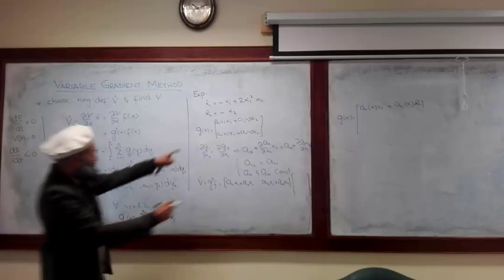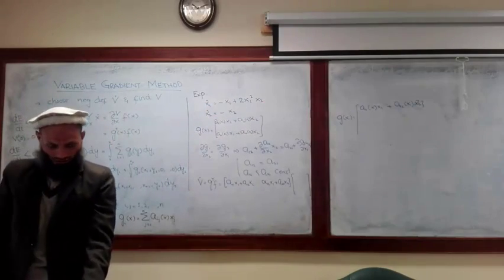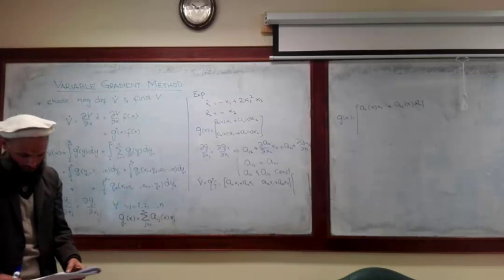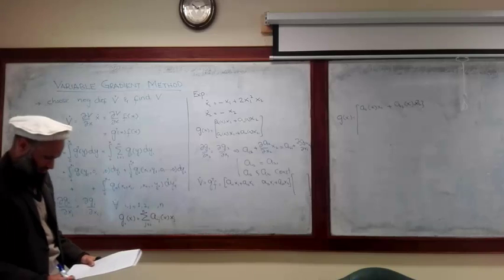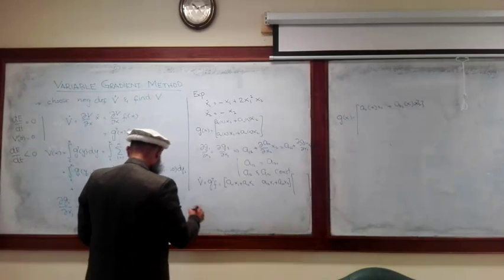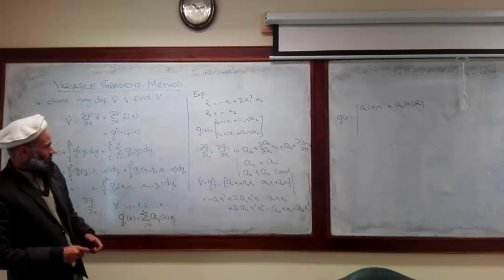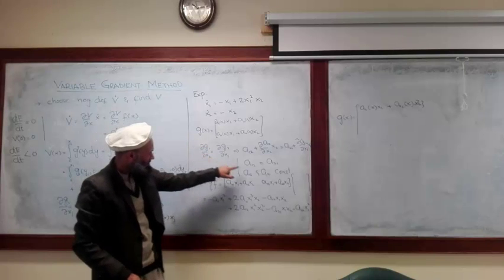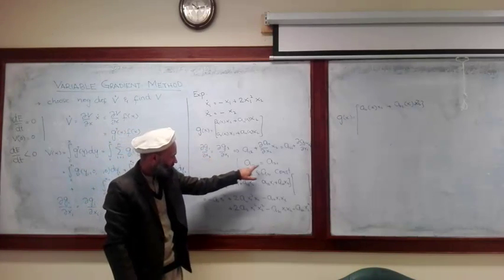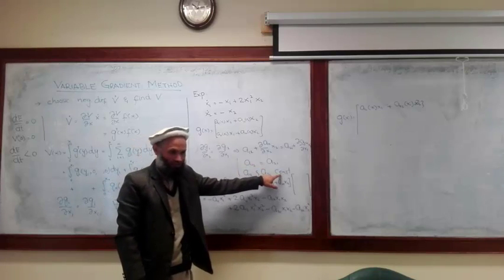What is f of x? This right hand side. Clear? So if you find this product, finally you will come up with this expression. Simply what we have done is, to satisfy this condition, we have selected A12 to be equal to A21 and taken them to be constant.